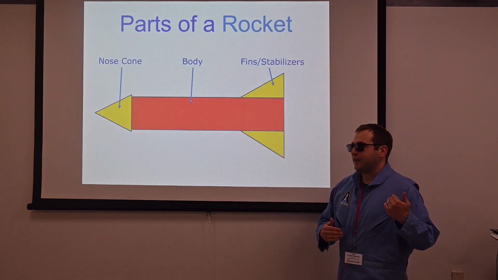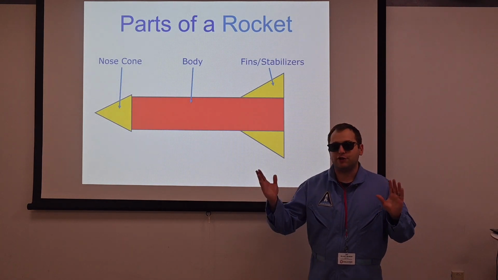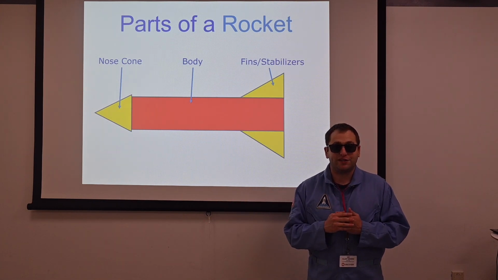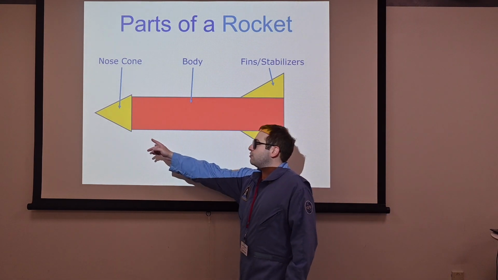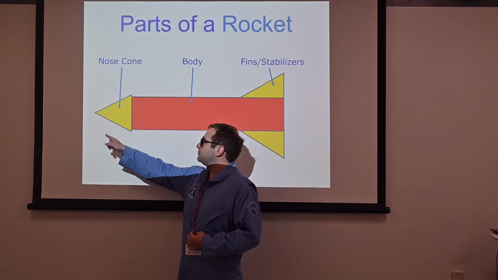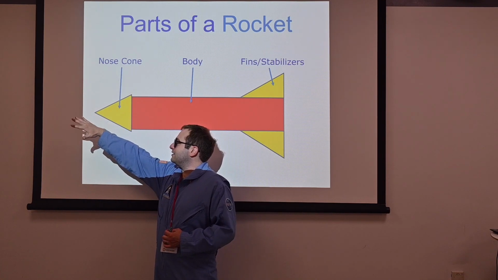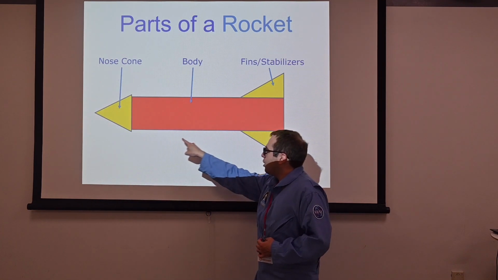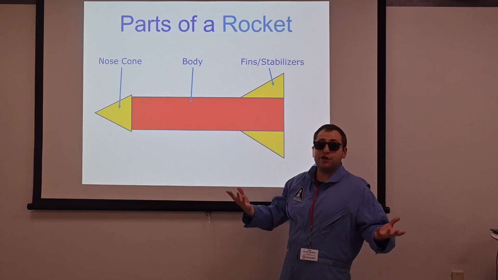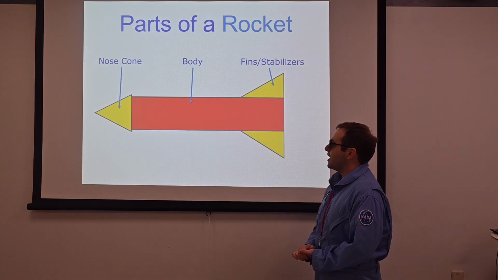And so as a rocket is traveling through the atmosphere, we want to reduce the amount of speed lost to drag, or air resistance. A nose cone helps a rocket go fast by reducing drag. It's pointy, and it diverts air around the sides of the rocket body, and that reduces aerodynamic drag, or friction.